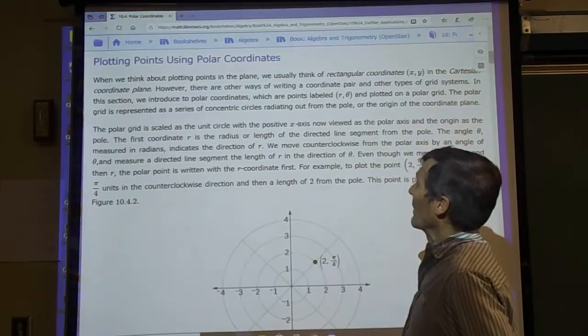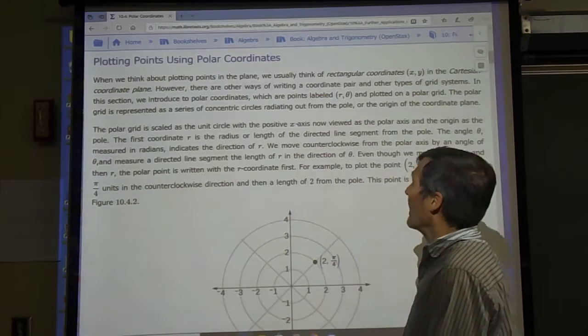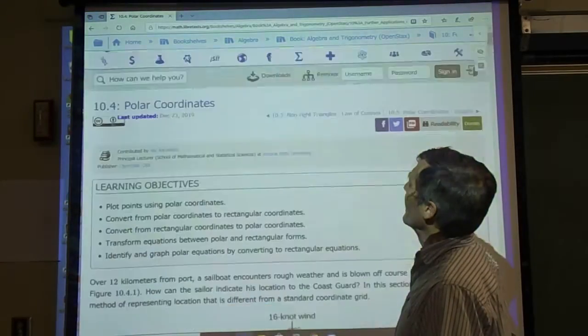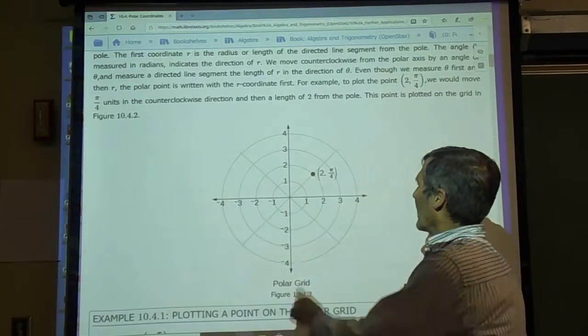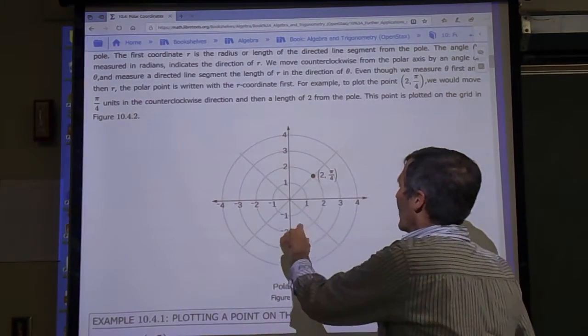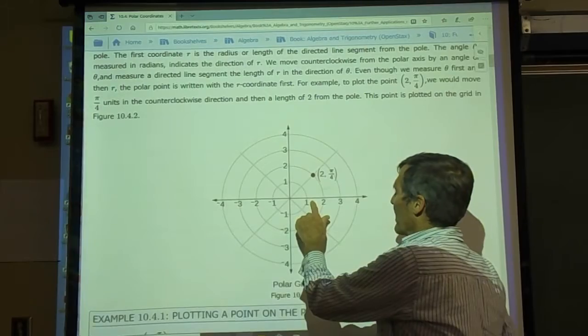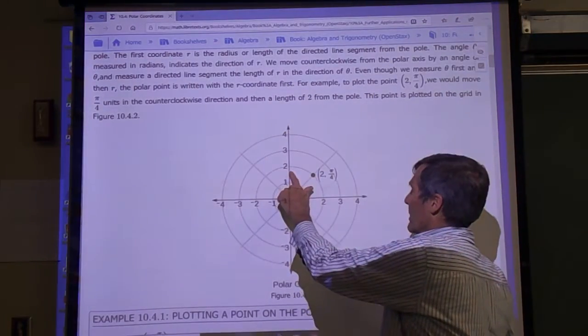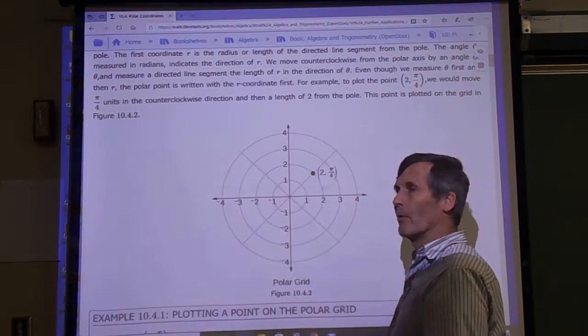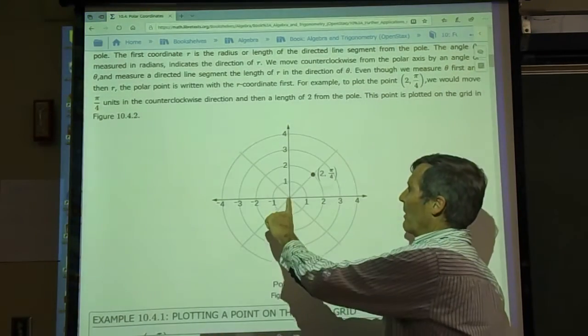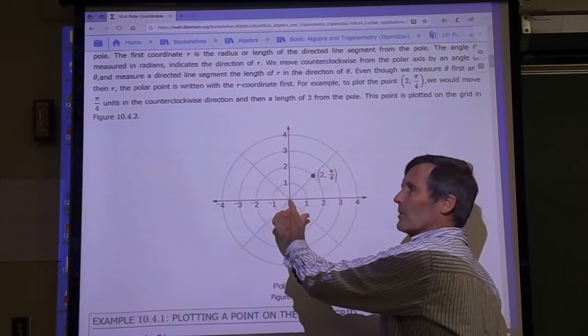Polar coordinates work like this. If you have a point in the plane, instead of dropping a perpendicular to get its x-coordinate and another to get its y-coordinate, and getting an xy pair to identify the point, you can instead identify it by how far it is from what we usually call the origin.